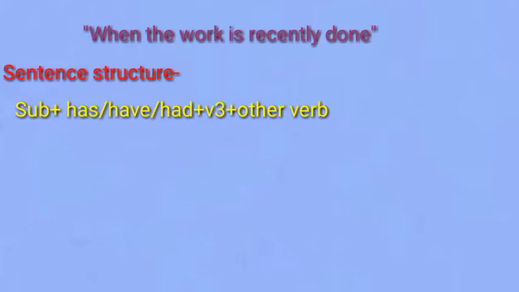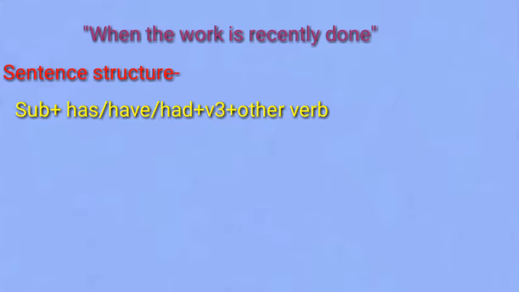When any work is recently done, you will use this form. Subject plus has, have, had according to your singular or plural noun, and then the third form of verb, plus other words. Now you have to look carefully.